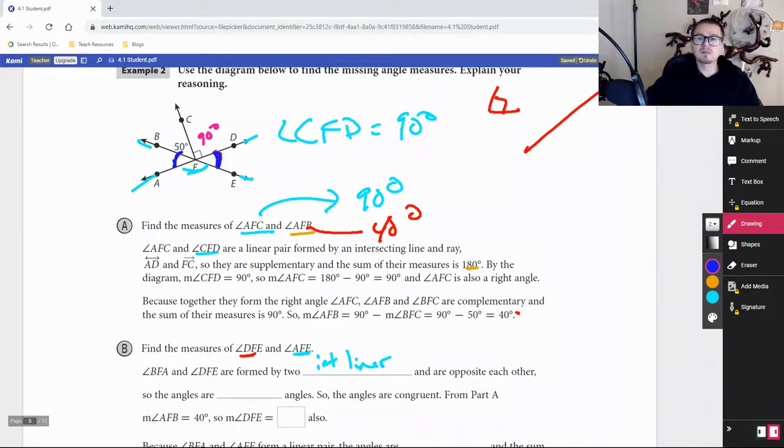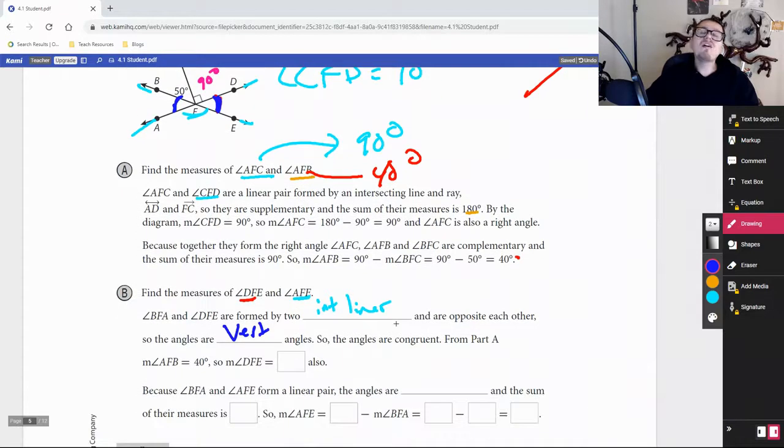I marked them in dark blue because they're vertical angles. They're opposite, right? Vertical, so the angles have to be congruent. We already know that AFB is 40 degrees. So we're not even doing any new math right now, we're just being smart. So that also has to be 40 degrees because it follows the vertical pair.